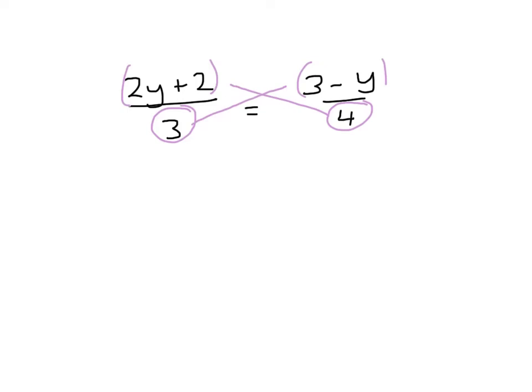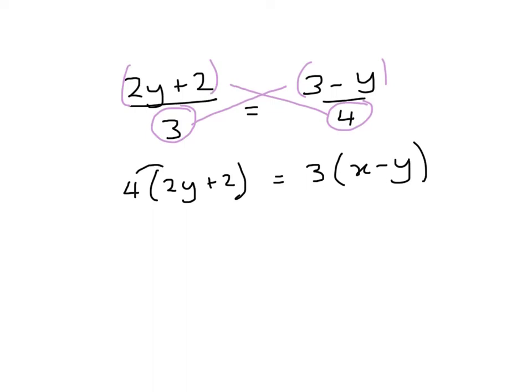So I'm going to multiply, 4 is going to multiply everything on this side, and 3 is going to multiply everything on the other side. Okay, and then like before, expand our brackets. 8y plus 8 equals 3 times (3 minus y), so 9 minus 3y.